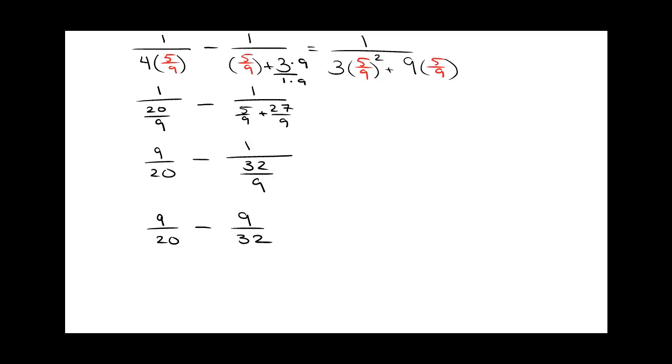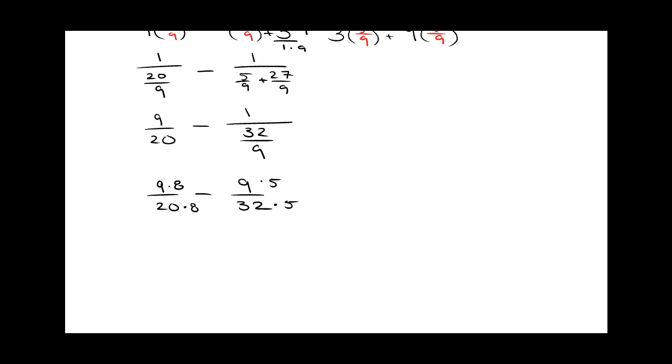So it looks like my LCD here between 20 and 32 is going to be 160. I'm going to have to multiply this by 5, this by 5. I'm going to have to multiply this by 8, this by 8. By the way, if anyone needs help finding that LCD of those two denominators, please check out my video on how to find the least common multiple.